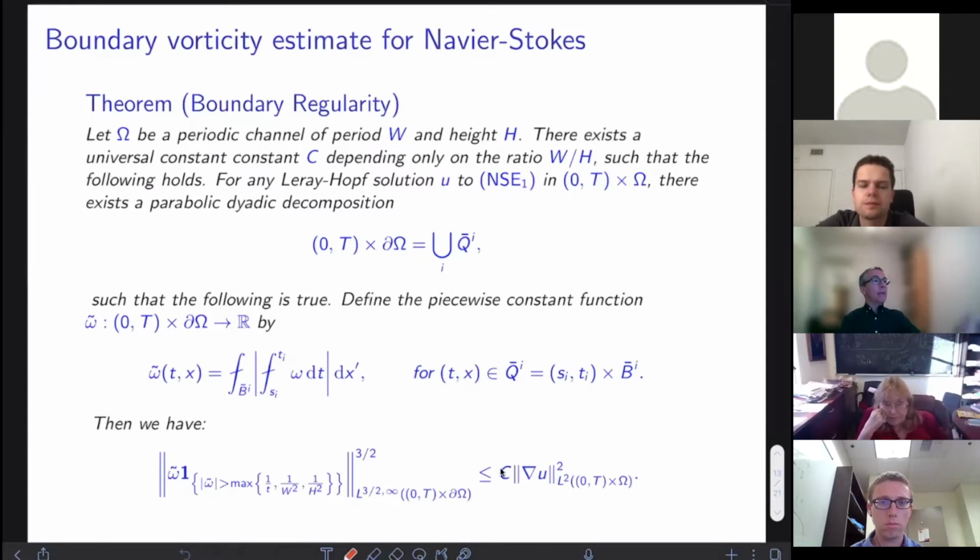Okay. And basically we say, you take a domain, a channel, which can be very, very big or very, very small or whatever, and you consider the boundary, so you have d omega times time, the boundary of your domain.